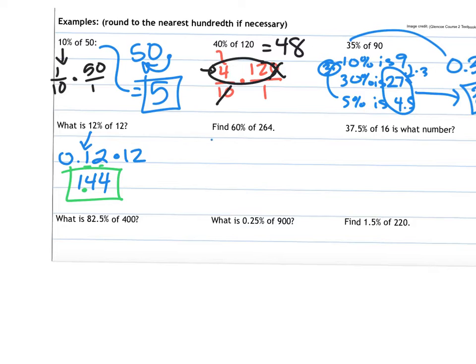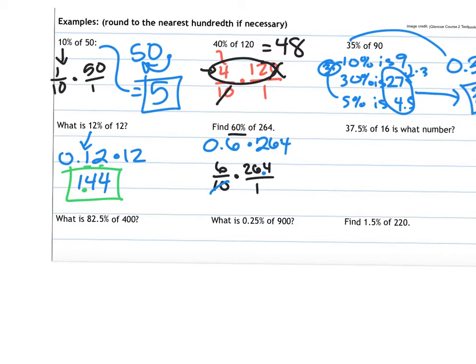60%, notice again, I could do 60% of 264, or I feel pretty confident in using 6/10. And then again, I know that I'm going to move my decimal 1 place. So this one isn't super simple for me because I'm going to end up with the decimal. And I'm not very confident in multiplying like that in my head.